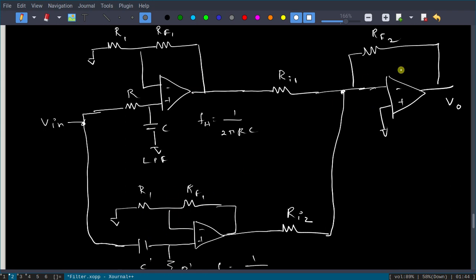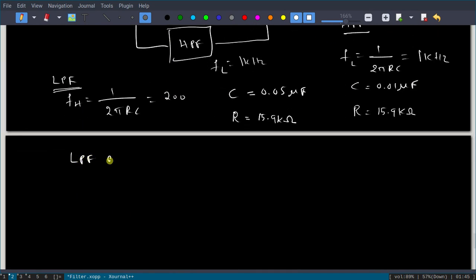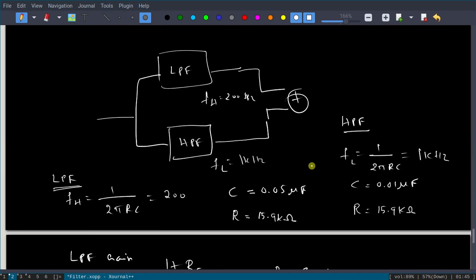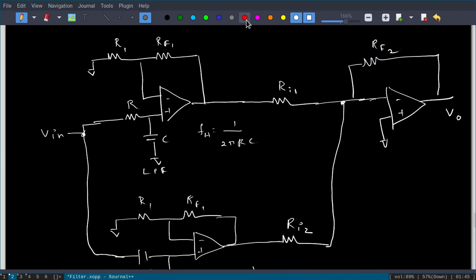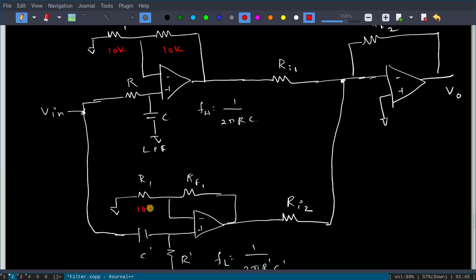So the gain of the LPF is 1 plus RF1 divided by R1, which is 2. So RF1 equal to R1 equal to 10 kilo ohm. Similarly, the high pass filter also needs the same gain, so here also use 10k and 10k.